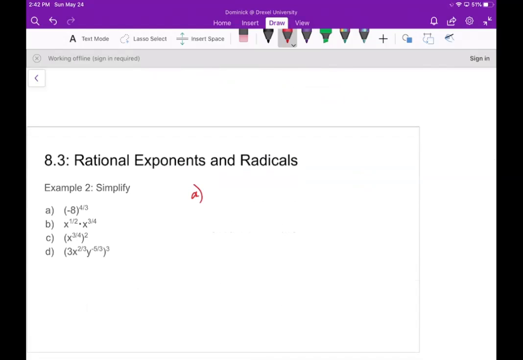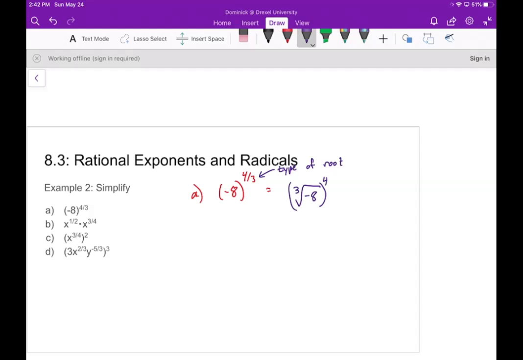So in part A, we have -8 to the 4 over 3. In our equivalent forms, I'll write it out both ways for clarity for this first example, and then we'll do the other ones probably without writing both forms out. In this case, the number on the bottom of the fraction is telling you the type of root, so this is a cube root of -8. And then the number on the top tells you the power.